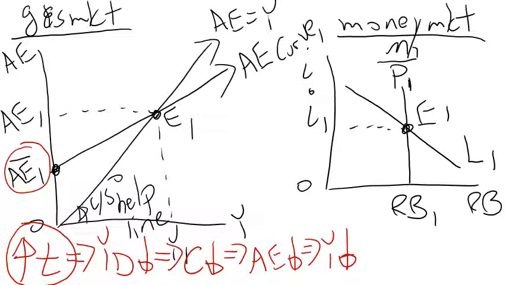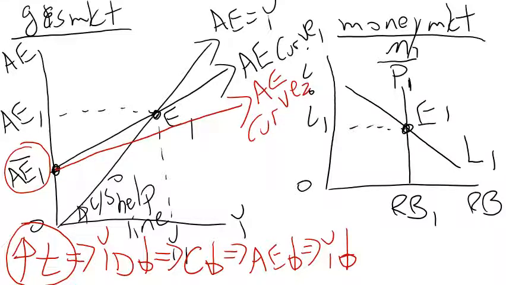All right, so it's a non-parallel shift down, isn't it? Down. So this would be the new aggregate expenditure curve 2 with a new equilibrium, which means that aggregate expenditures 2 go down. What else decreases? So this is now Y2.